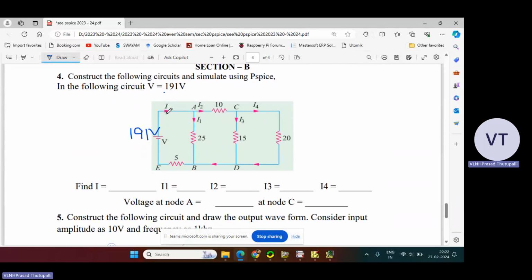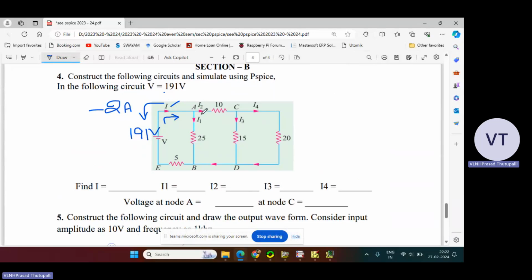Here you can see the direction of the current is given. I is going from this side to this side. Let us suppose the current flowing through this branch is 2 amperes, and the opposite current direction is minus 2 amperes. The magnitude remains the same, but the sign changes.